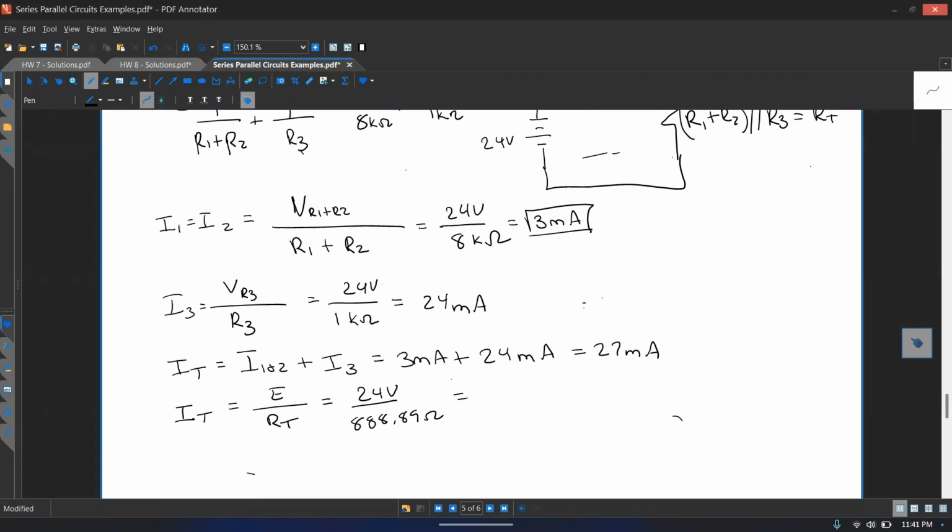So let me divide that and see what we get. So 24 divided by 888.89, and you get just that, 27 milliamps.